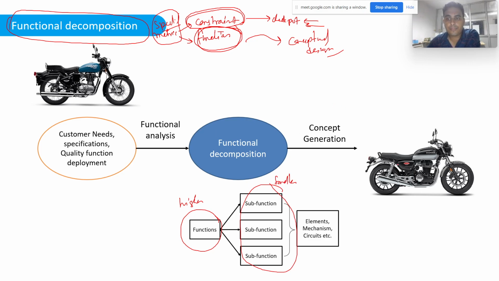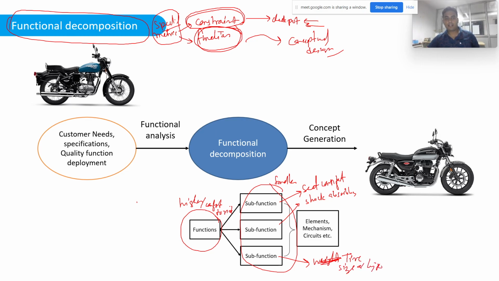For example, if the higher level function is comfort to ride, then smaller level sub functions can be seat comfort, or shock absorption, then weight of the vehicle, or the tire size or type.